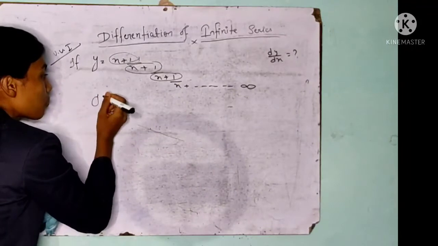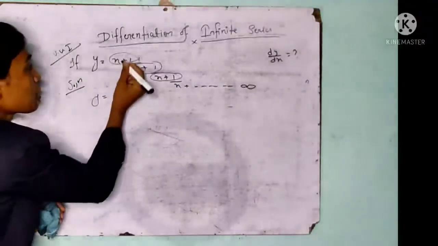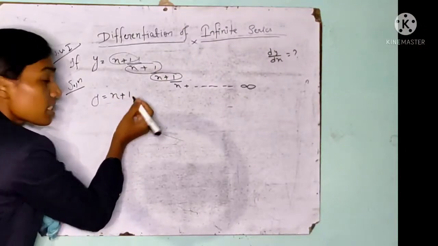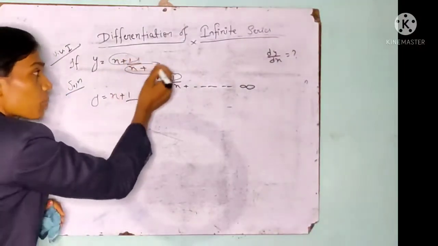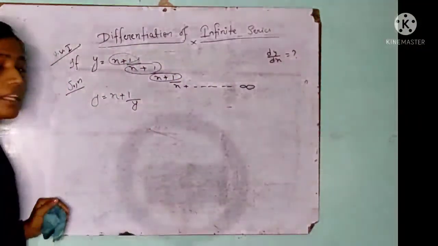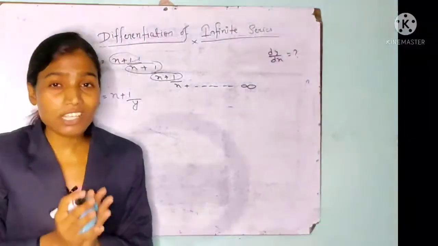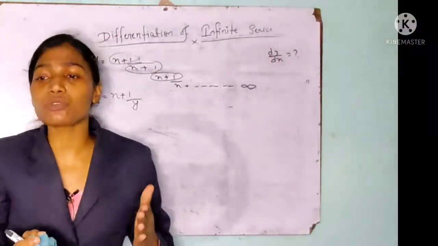So we substitute y equals x plus 1, which is our function, and next x plus 1 gets repeated, so divided by y. Can you understand? Only after identifying the repeated term can we take it out and substitute the remaining term.